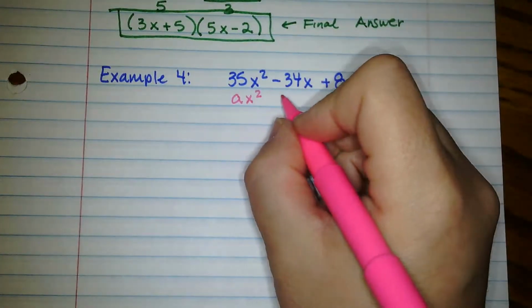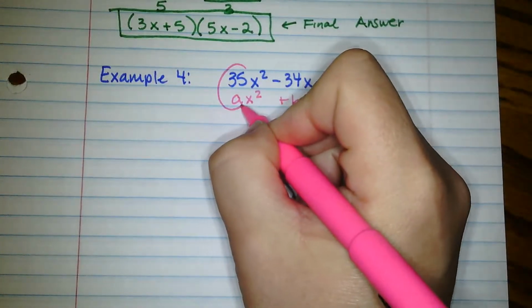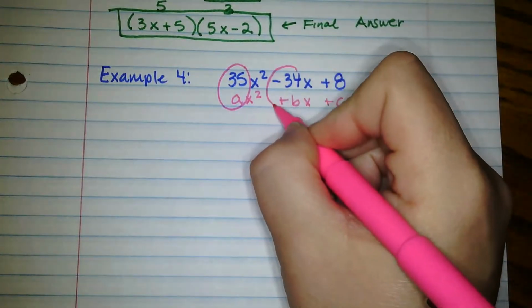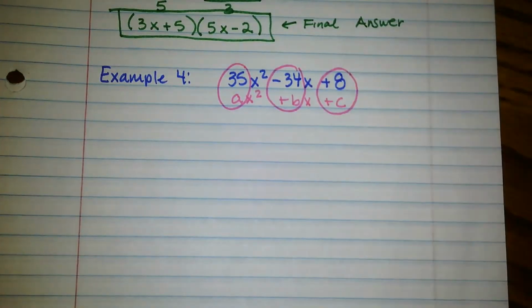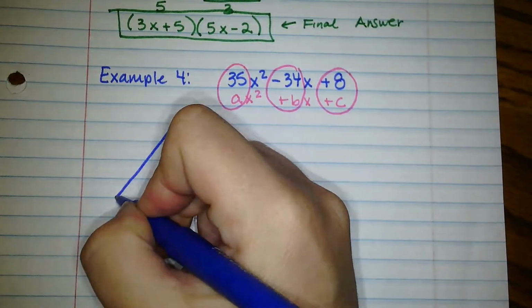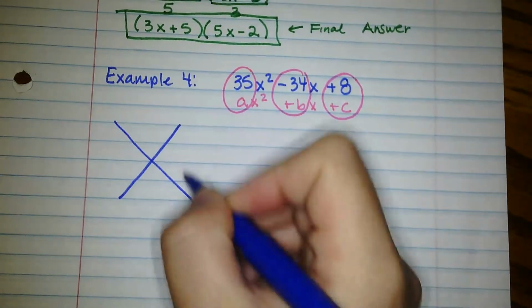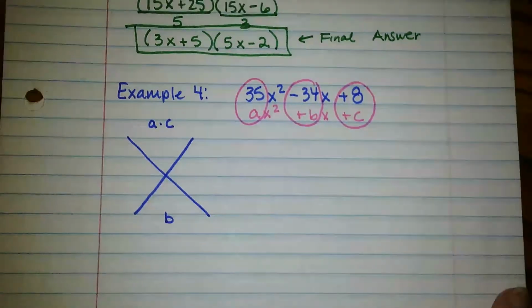So we're going to do ax squared plus bx plus c, and a is 35, and b is negative 34, and c is positive 8. Okay, then we're going to make our magic X. Now this would probably be easier with a calculator, so if you want to grab a calculator quick, that will certainly speed things up.